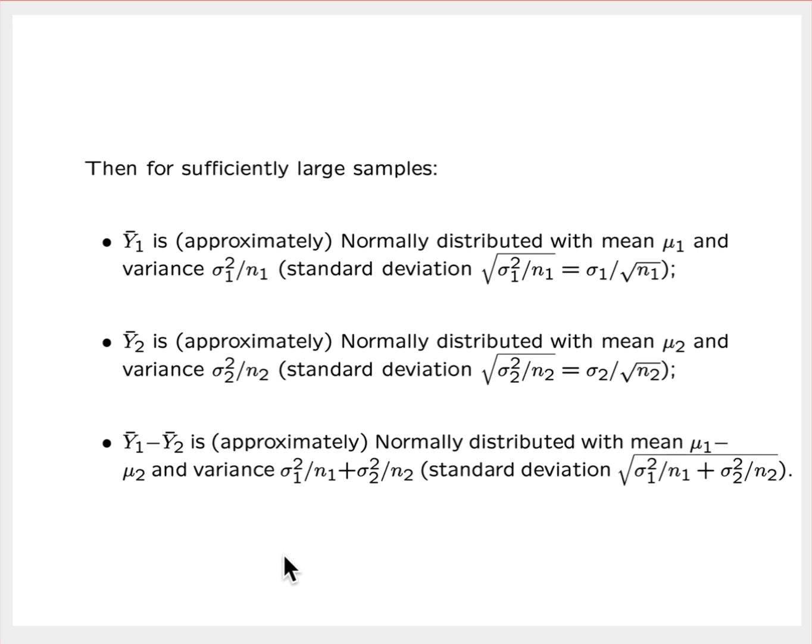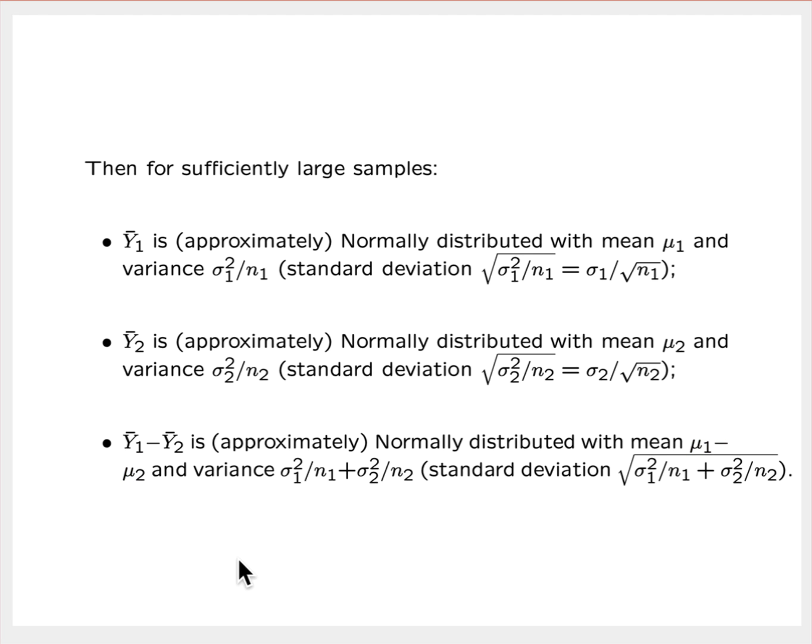Now, regardless of whether the populations are normally distributed or not, we know that for any sample size, the mean of the sampling distribution of the difference between the sample means, y bar 1 minus y bar 2, is equal to mu 1 minus mu 2, the difference between the population means.